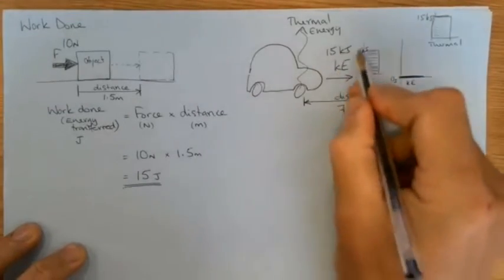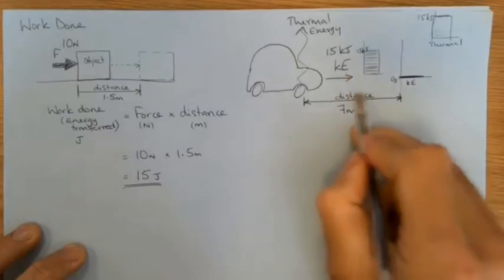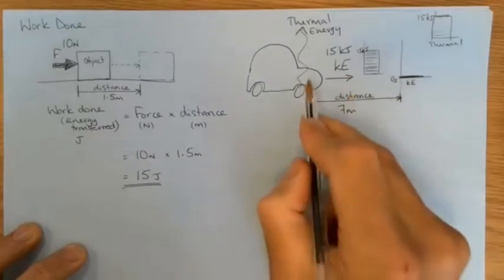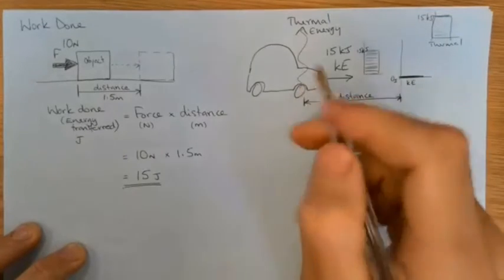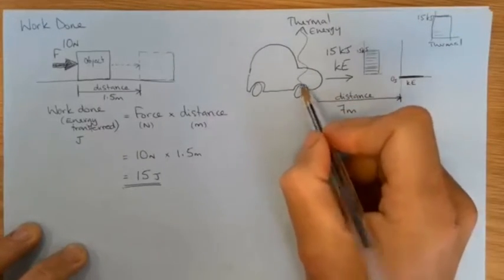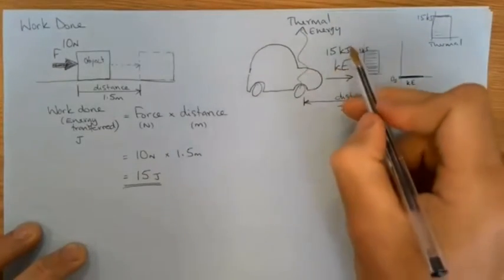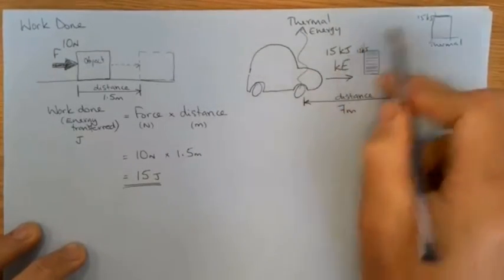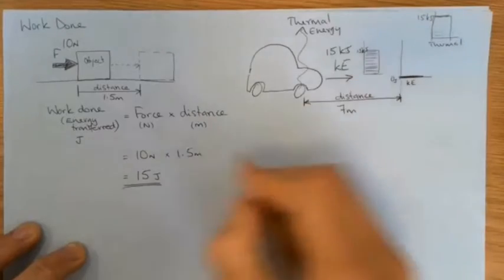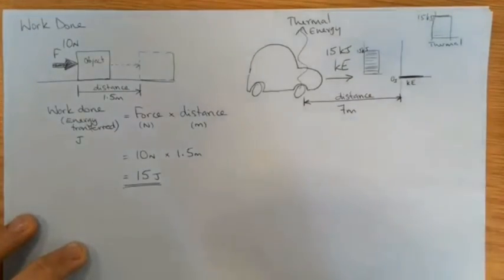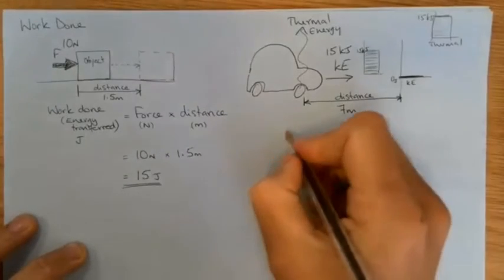So we started by saying that we had 15 kilojoules, and then over a distance of 7 meters there was a force applied. The force on the brakes caused the thermal energy to rise, so we had a transfer of kinetic energy to thermal energy. And we can use the work done equation to work out what that force must have been.